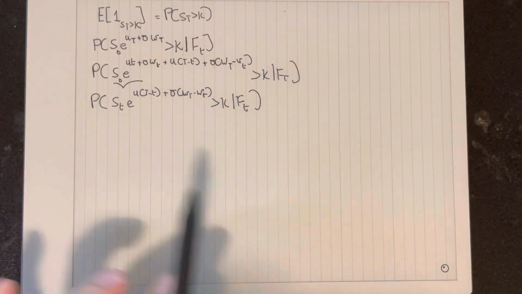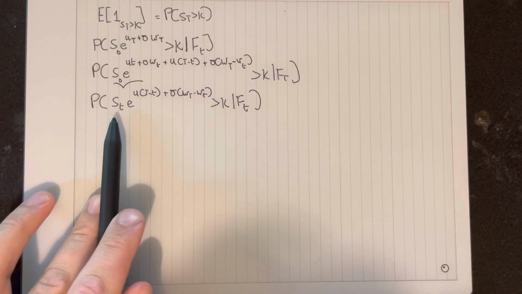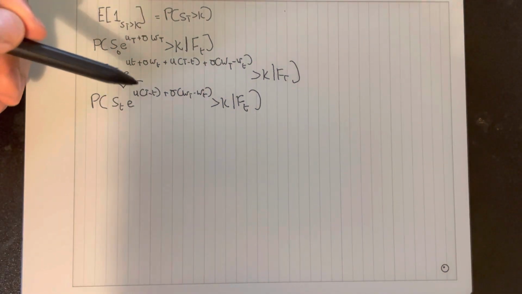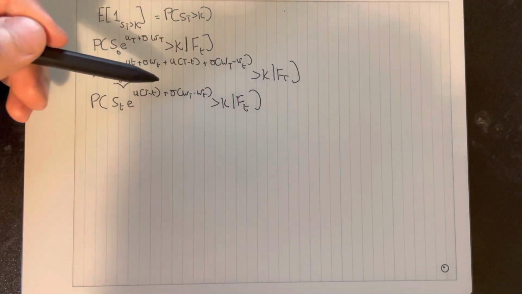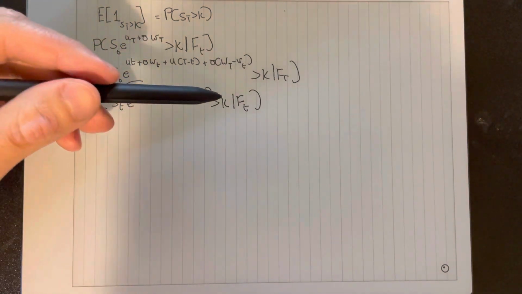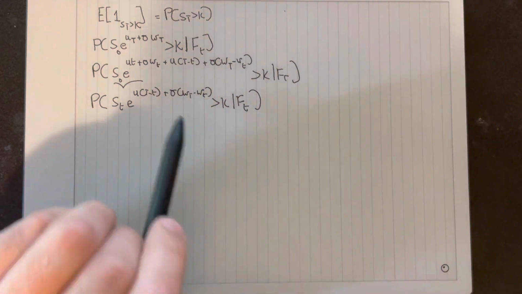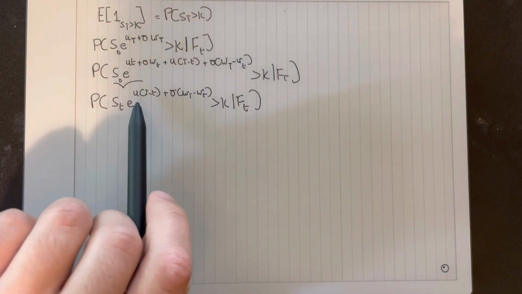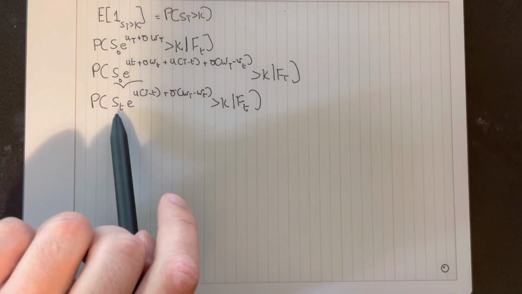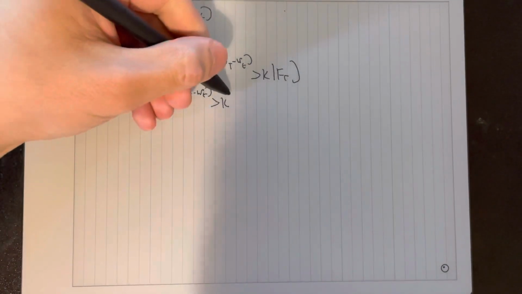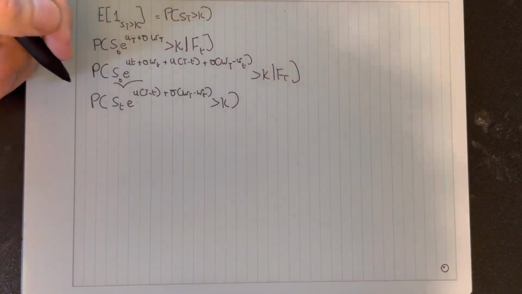Now, since we know S of t, we can already read it from the expectation, and these are all constants, or at least things which do not depend on the past. As we said, the increments of the Brownian motion are completely independent of the past. So this is independent of the past, this is known at time little t, and this is a constant. Therefore, we don't really need the filtration anymore, i.e. we can simply say it's a probability as this.